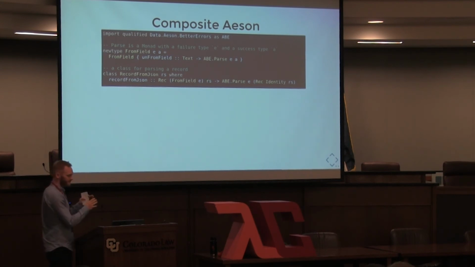It says that for each field in RS, we have this FromField thing in the record. So once we wrap it all up, you'll have a way to parse the first element of your record type, consed onto a way to parse the second element of your record type, consed onto the third one, et cetera.